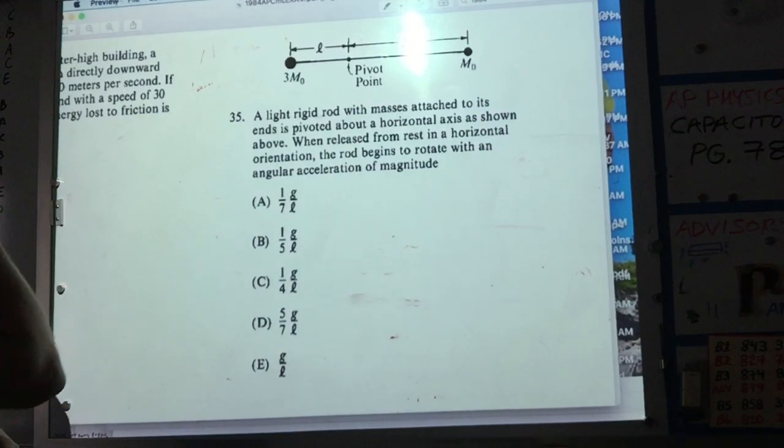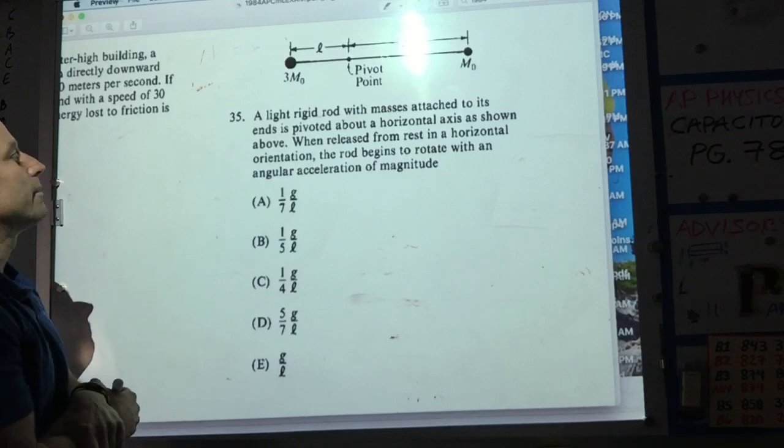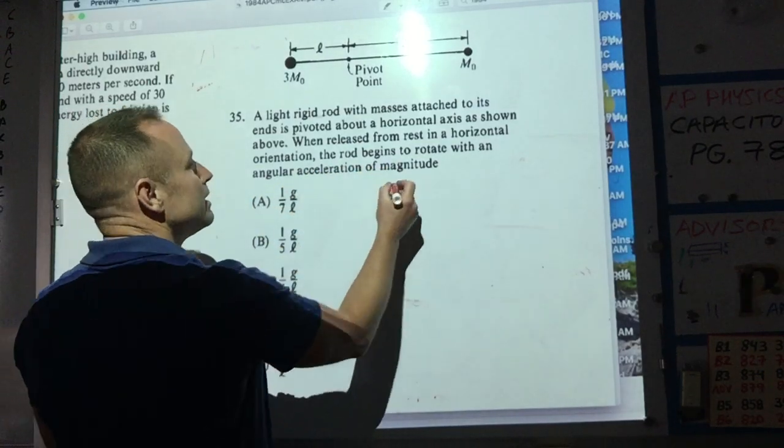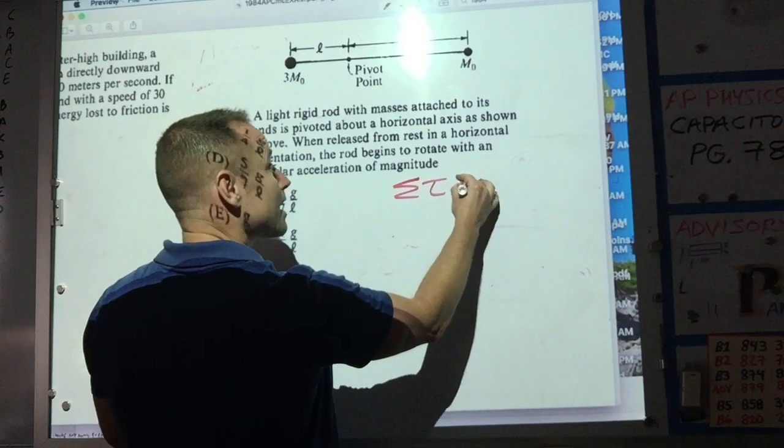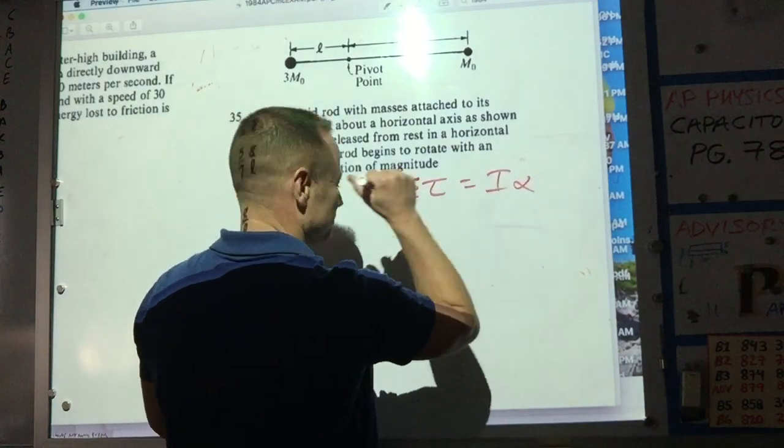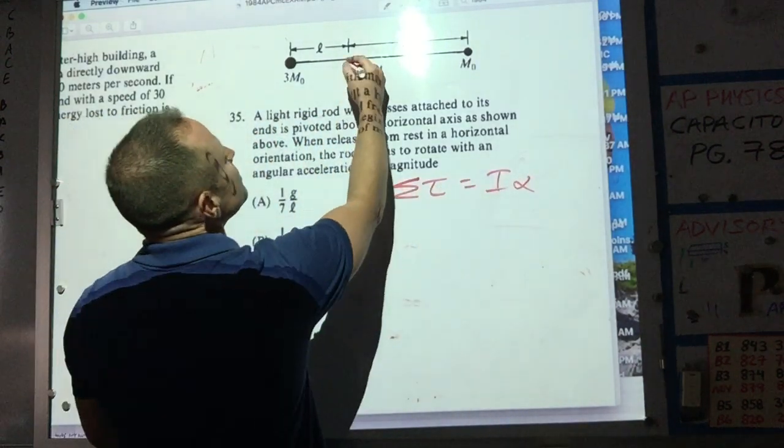Here we go. A light, rigid rod with masses attached to the ends, released from rest. The rod begins to rotate with what angular acceleration? So you need to know what the torques are on it to learn how it accelerates. Let's see. Here's the pivot.